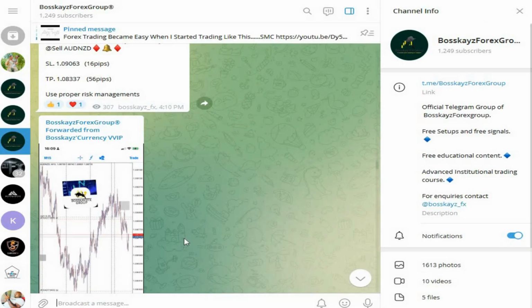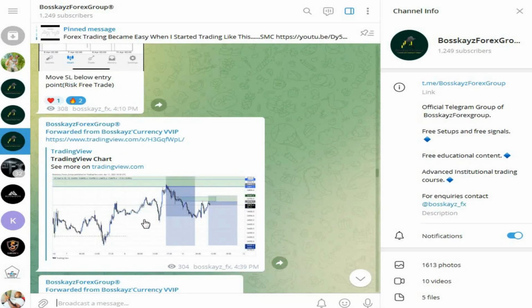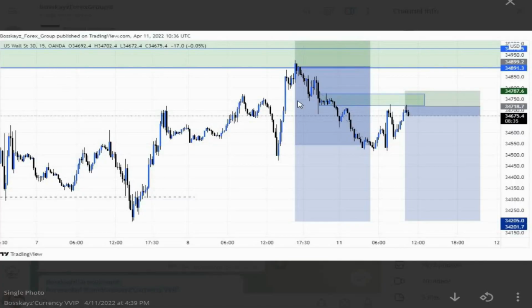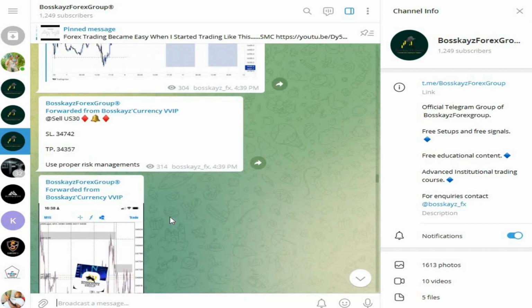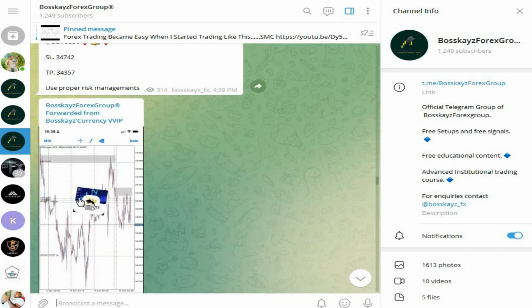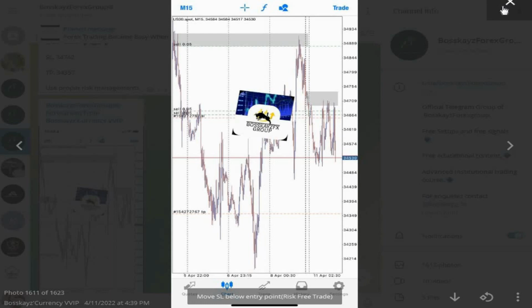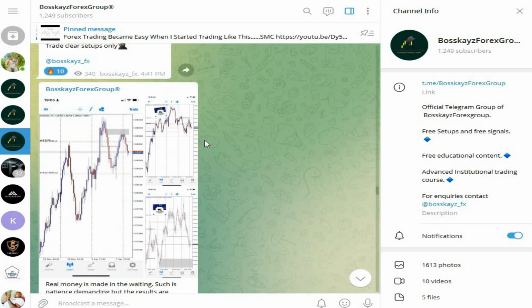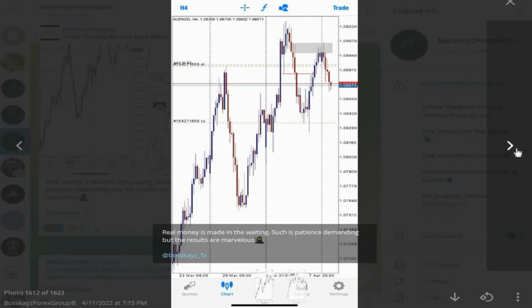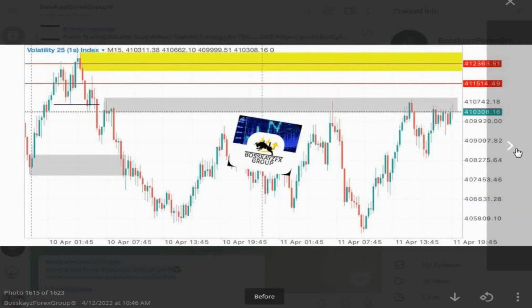And also this was US data again, we took another entry right there, and this was the signal, and this was the trade right there. And these are some of the trades which we took over the week, and this was the setup.